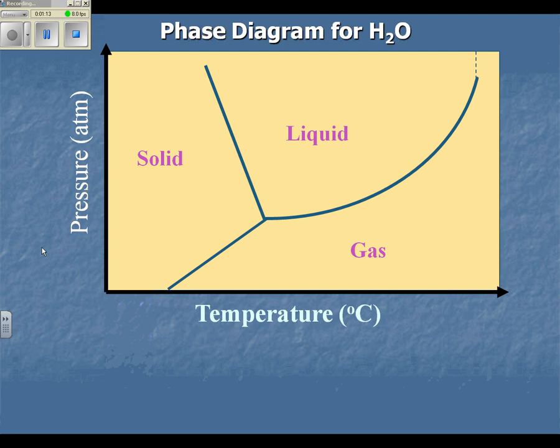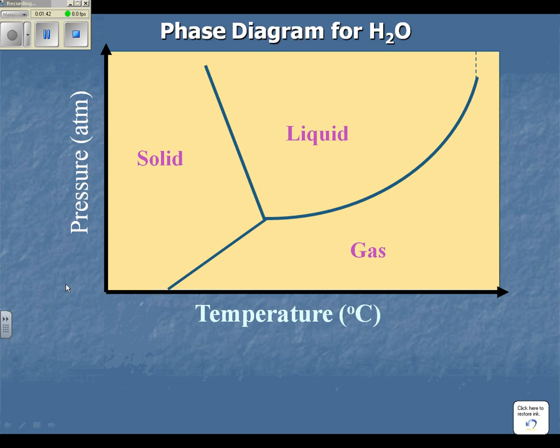Okay, now, the lines indicate where there are phase changes. So if we're talking about something going across this line that I'm highlighting in red, going across solid to liquid, then that is where you're going to find your melting point. If we're going the other way, liquid to solid, then this is where you're also going to find your freezing point. So they are the changes in the phases.